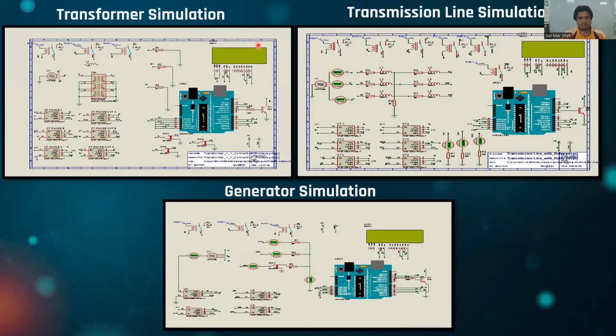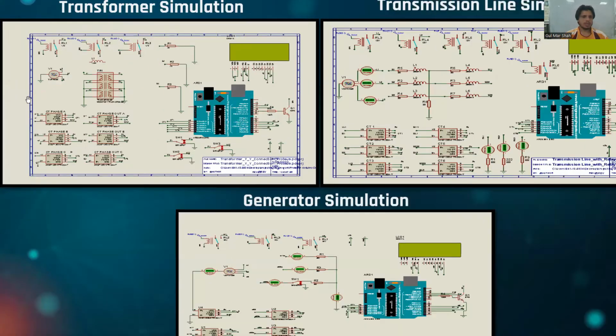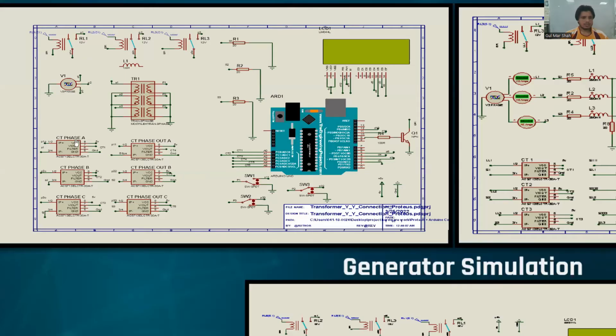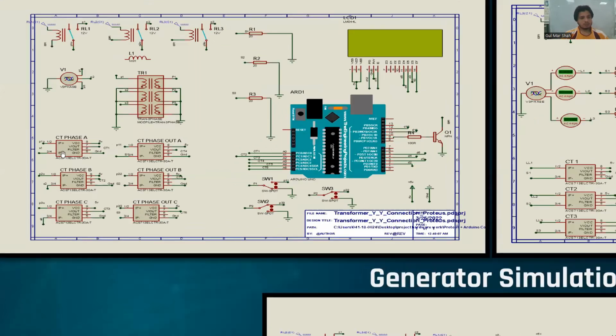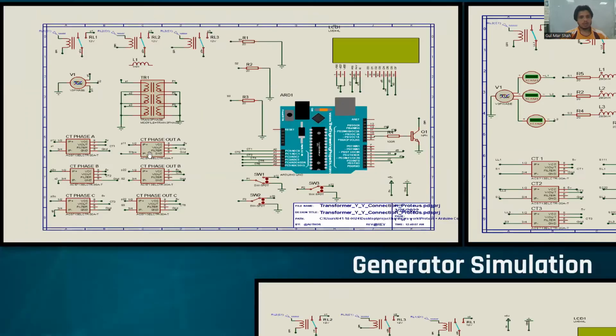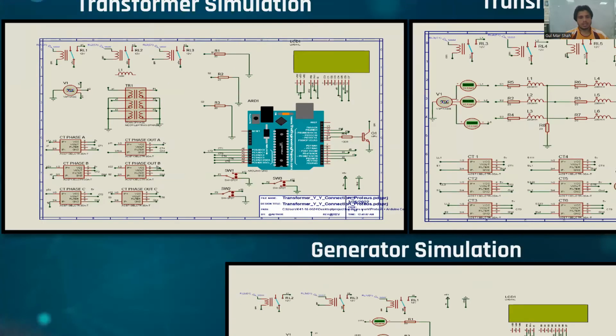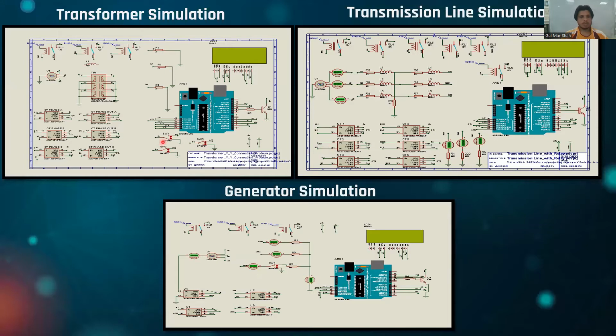This is the simulation which we have done, and this is the simulation for the transformer, where we have a three-phase supply, and this is the current sensor, and this is the transformer. This is 3 input current sensors and 3 output current sensors, and this is the Arduino which we have used, and this is where we can give a fault to the transformer.